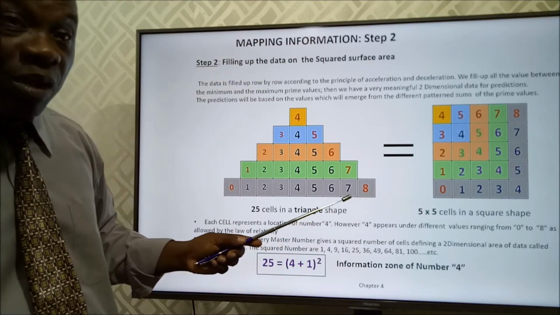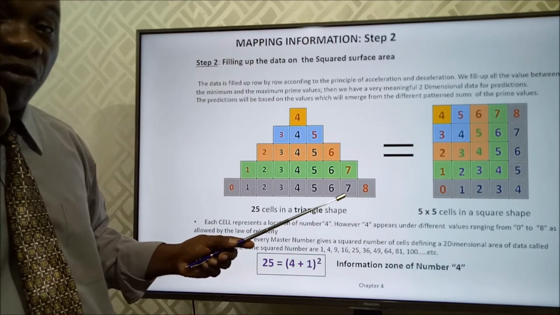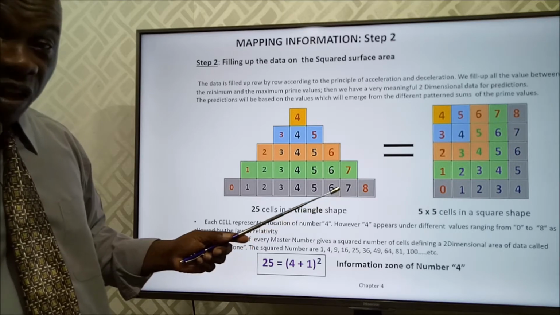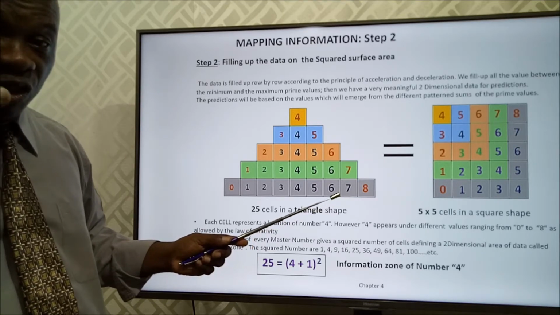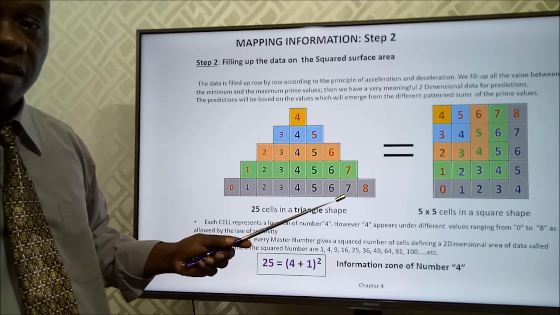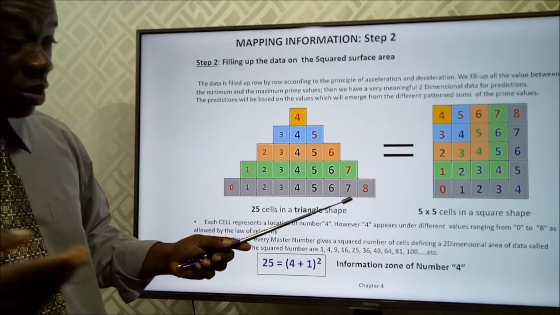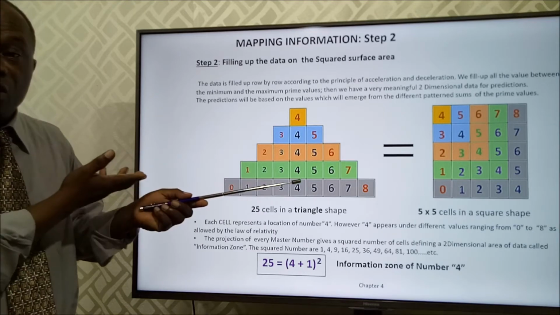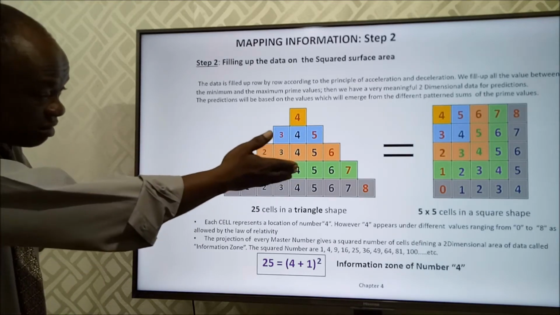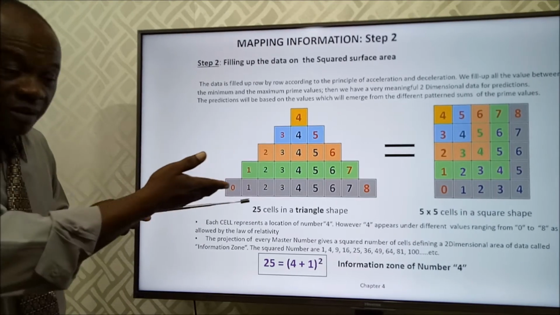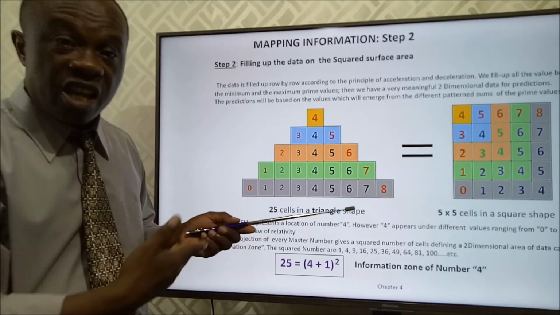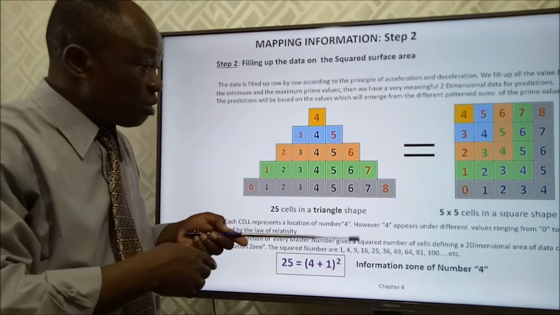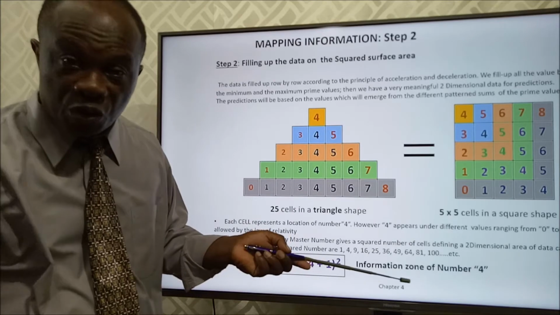We saw in 1 dimension that it was 5. 2 dimensions become 5 squared. So it makes sense. And this is not an invention. It is something that really is automatically made in nature. It is there. And I'm just reproducing it for you.